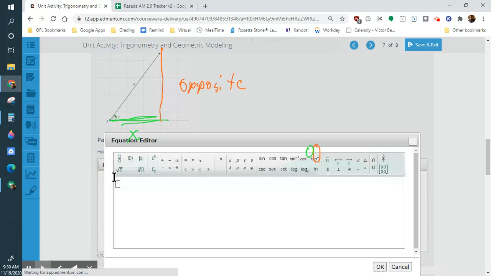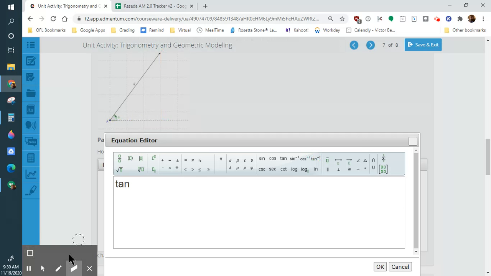So I'm going to write down a formula. I'm going to say that tangent of theta equals my y, because my opposite was y, over my x. So therefore, I could say that theta, because I'm solving for theta, equals tangent inverse of y over x.